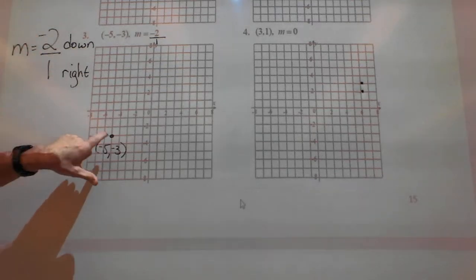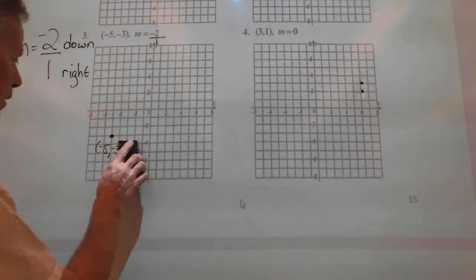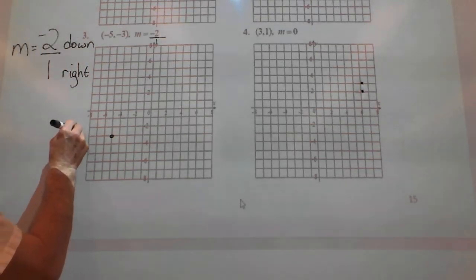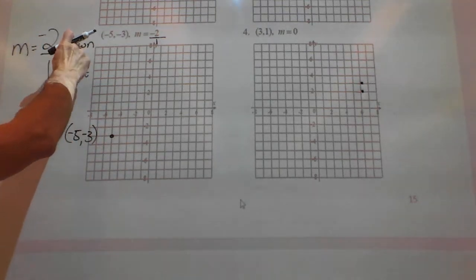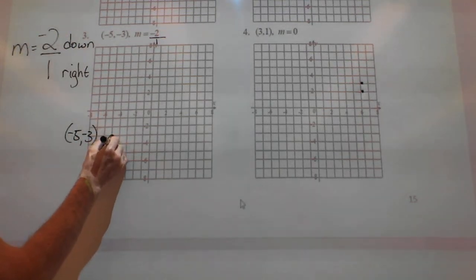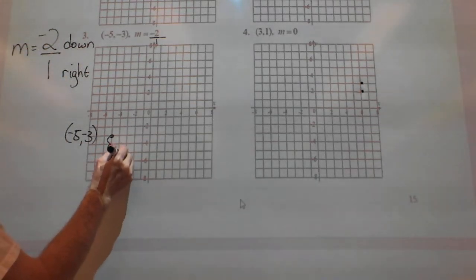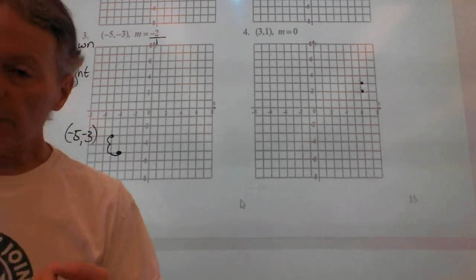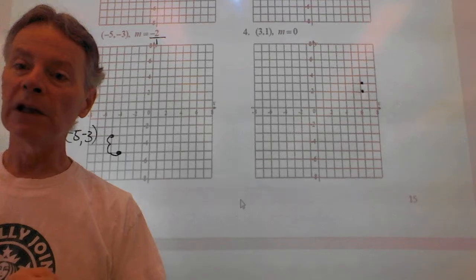It tells us from this point we have to go, just let me rewrite this, it's going to get in the way, -5, -3, okay? We have to go down 2, so 1, 2, and we have to go right 1. There's our second point.